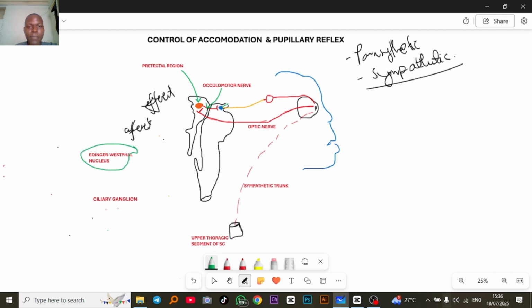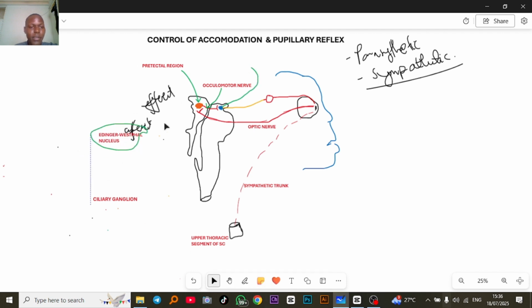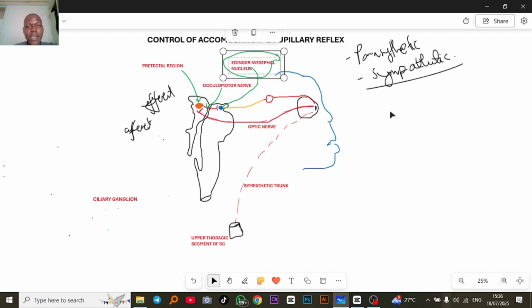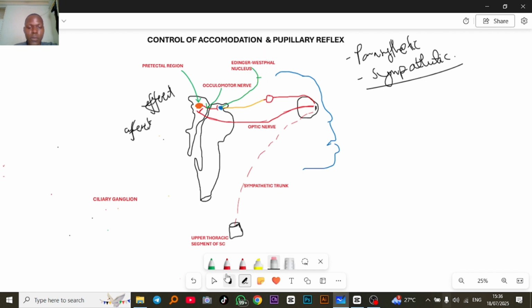This one here, the one I've labeled, is the Edinger-Westphal nucleus. So from the pretectal region, the information is carried by the parasympathetic division of the oculomotor nerve to the Edinger-Westphal nucleus, then continues to this ganglion here, which we see before reaching the eye.